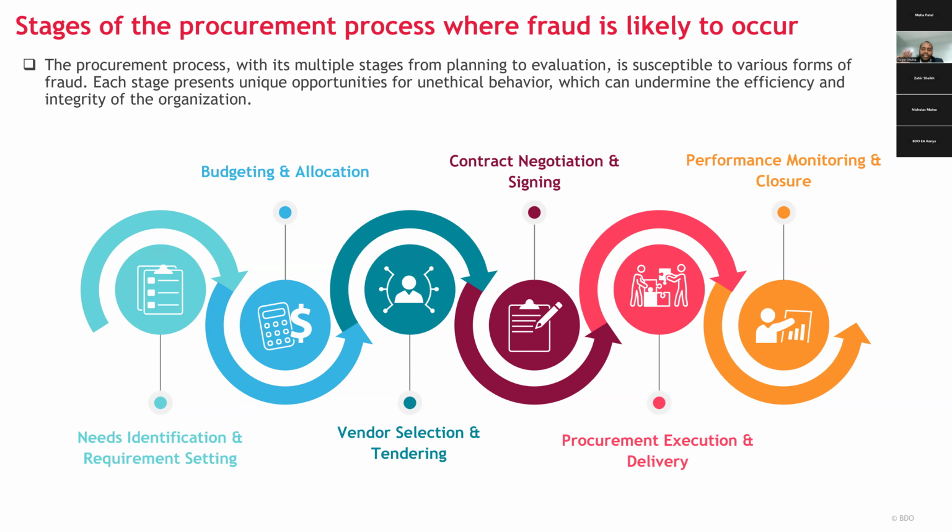The next stage is contract negotiation and signing. Obviously, after you have selected a vendor, you negotiate the contract, finalize, and sign. This can also be manipulated. Some of the types of fraud here can involve negotiating terms that are deliberately vague to allow for future manipulations.